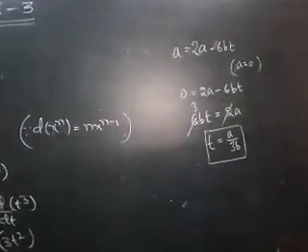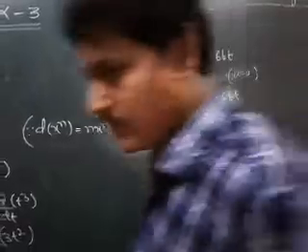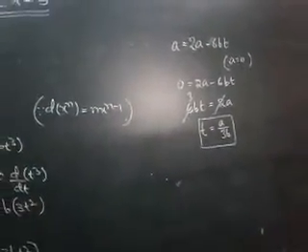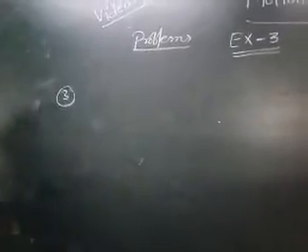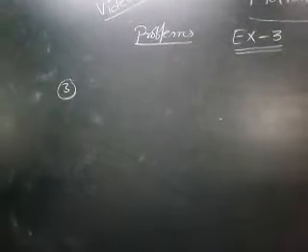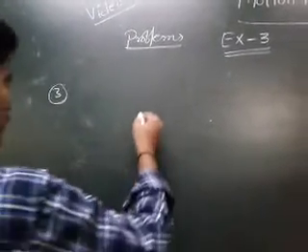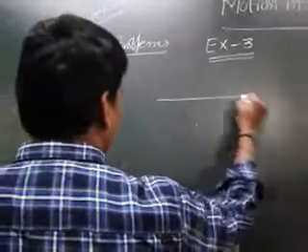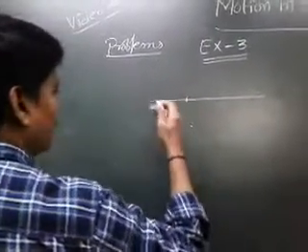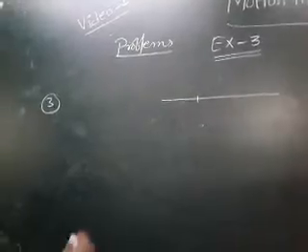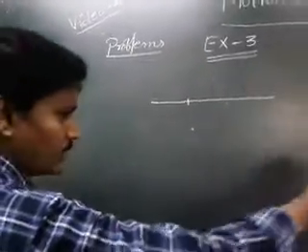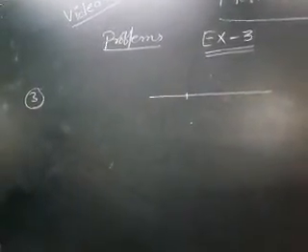Right. Next, the third one. A particle is moving with uniform retardation. Retardation means negative acceleration, which means velocity gradually decreases.